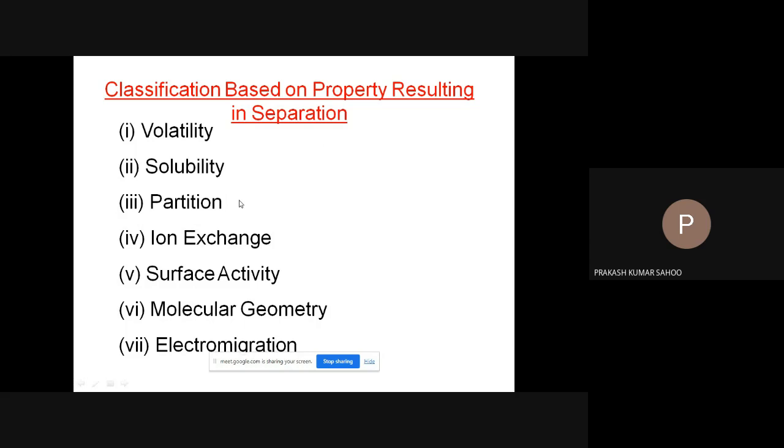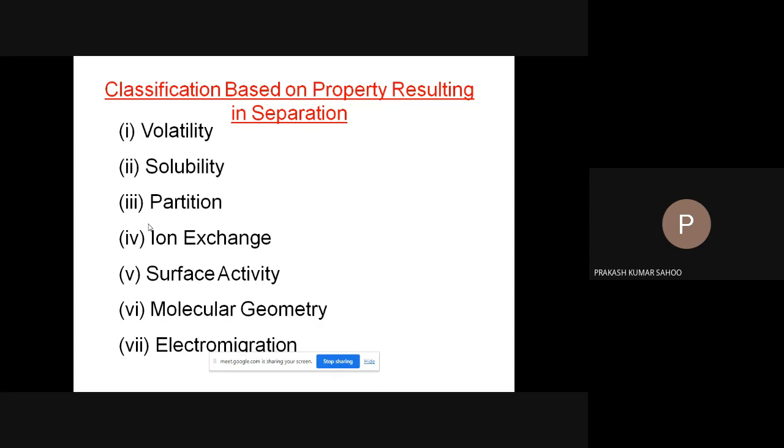Then we have the next part, ion exchange, where ions are exchanged, and with the help of this property, we separate the constituents from the mixture. In ion exchange, there is an exchange of ions, that means cations or anions, between an insoluble solid material and the solution in contact with it. The solid material, called the ion exchanger, carries exchangeable cations and anions.